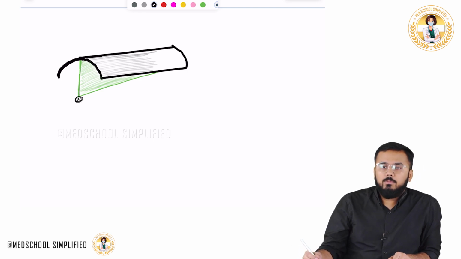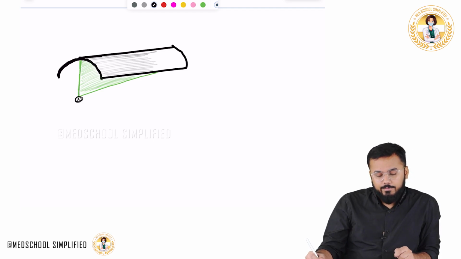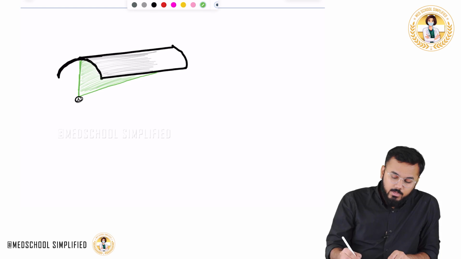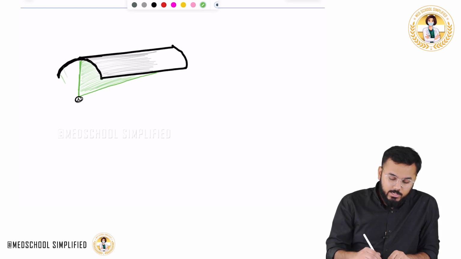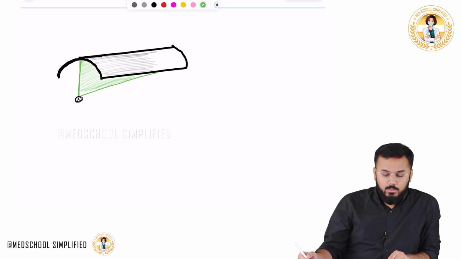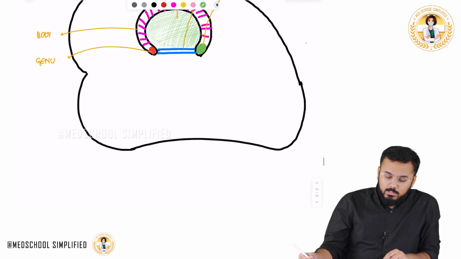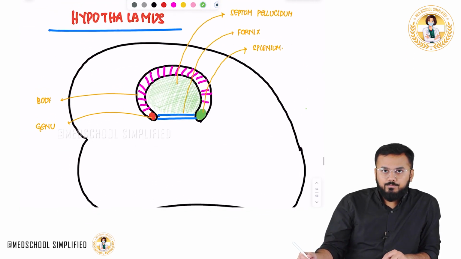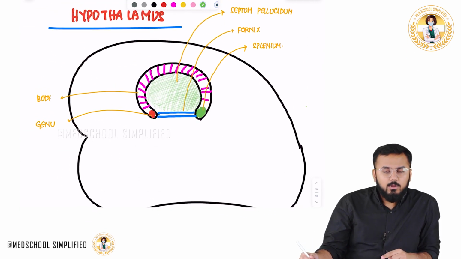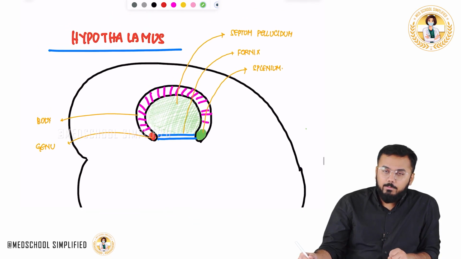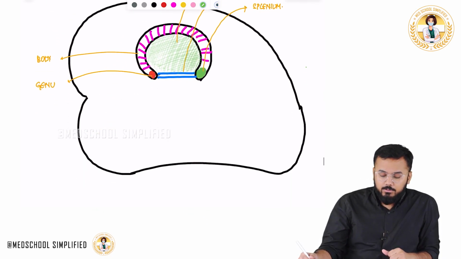Is the septum pellucidum attached here? No, the septum pellucidum is attached exactly in the center. So, if you are looking from the side view, it looks in this way. Just below the corpus callosum, we have got septum pellucidum, and just beneath the septum pellucidum, we have got the fornix.